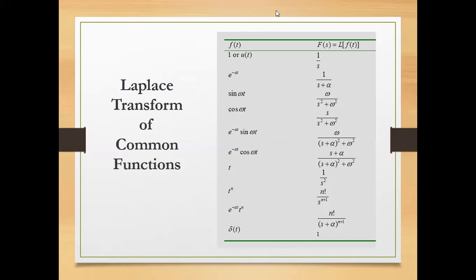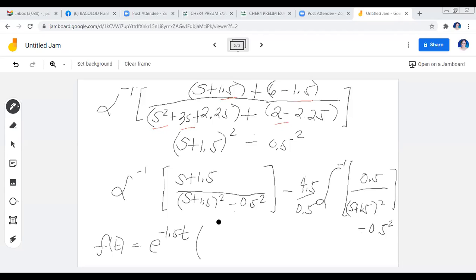So I will now stop sharing here and go back to my board. So this is now, I already factored out the exponential part. Since this is S rather, class, this is hyperbolic cosine of 0.5t.